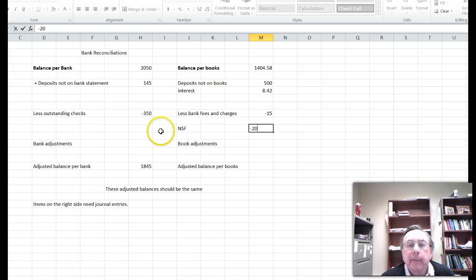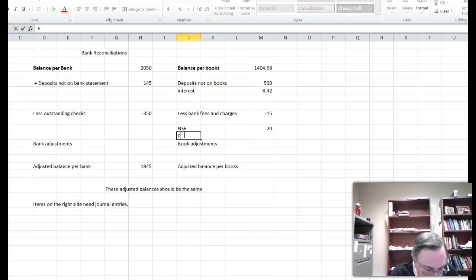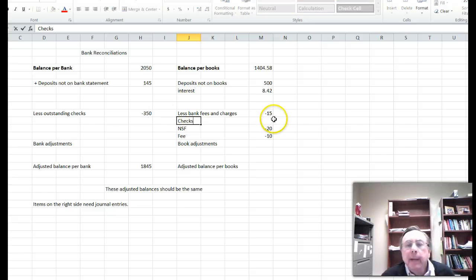That's going to come out of our bank account. Plus bank fee on that, so $10, which comes out of our bank account. And we printed some checks. So check fee: often happens, we get our checks from the bank, and that is $23. Is there anything else we missed? Let's take a look.